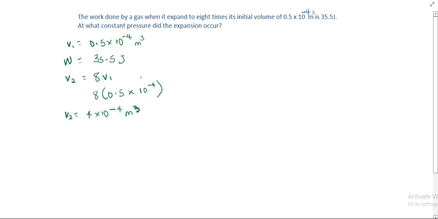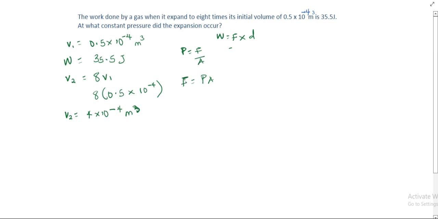To derive the formula, we know that we are talking about work done here. Our work done is equal to force multiplied by distance. If that is the case, we have to solve for our force. From pressure equals force over area, our force is equal to pressure multiplied by area.